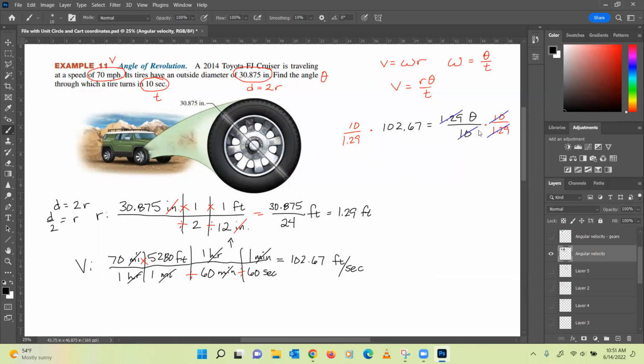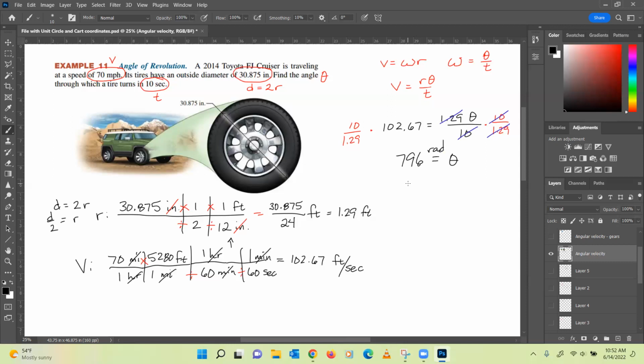And 1 times theta is theta. And now I've got 102.67 times 10 divided by 1.29, and I end up with 795.89, which is about 796. And this is our angle, so that would be radians.